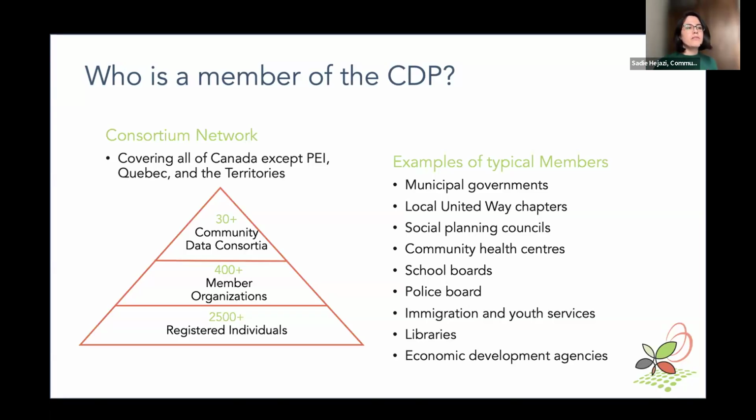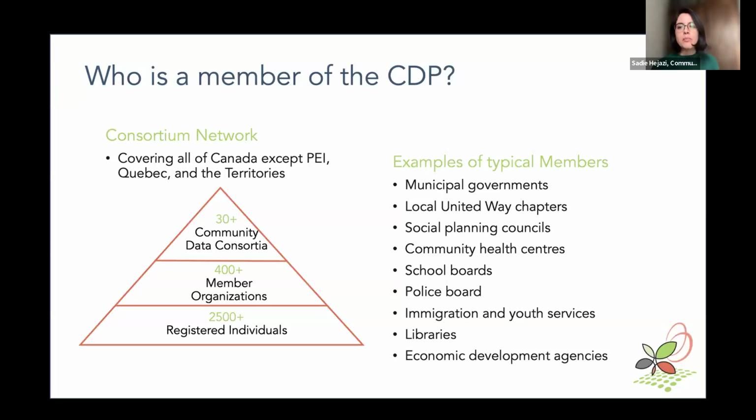The consortia are typically geographic locations such as a province or a region within a province, and the member organizations of that consortia can be the nonprofit organizations that fall within the region.